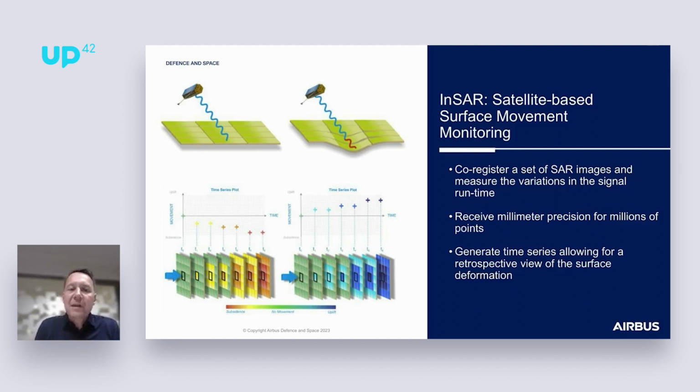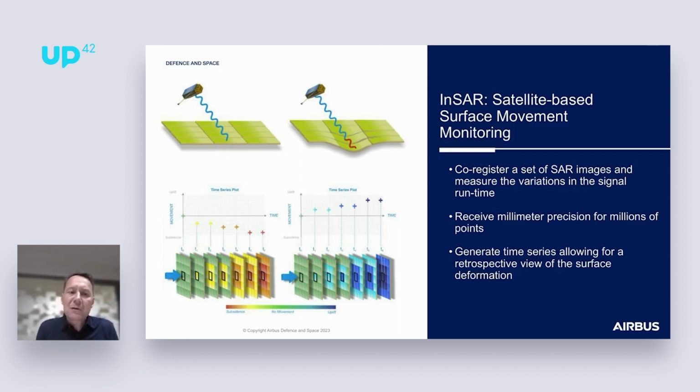And if there was a movement effect on the ground during the period of observation, symbolized with this red fraction in the upper right figure, we can measure that with a fraction of the wavelength of the signal. The wavelength is 3 centimeters. We measure a fraction of that, and this gives us the millimeter precision.